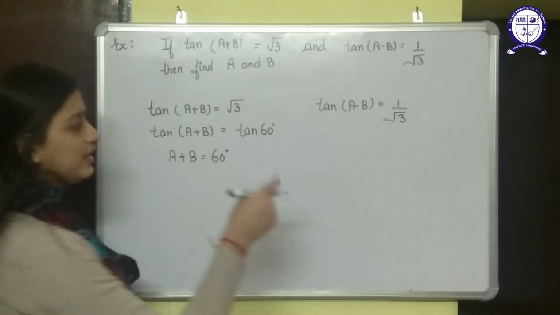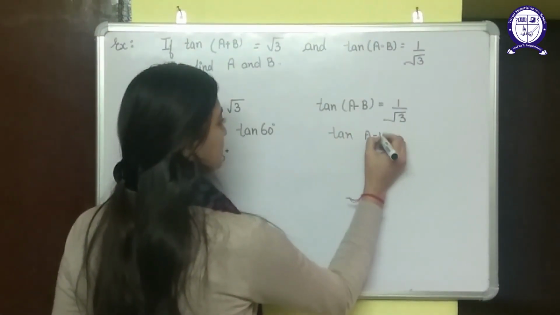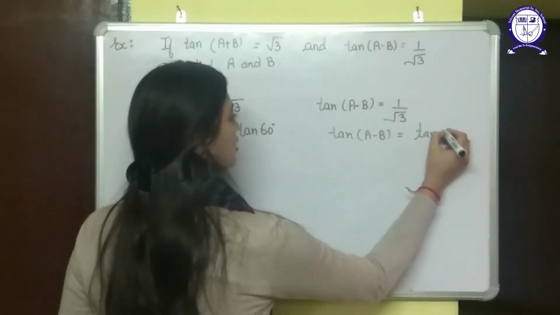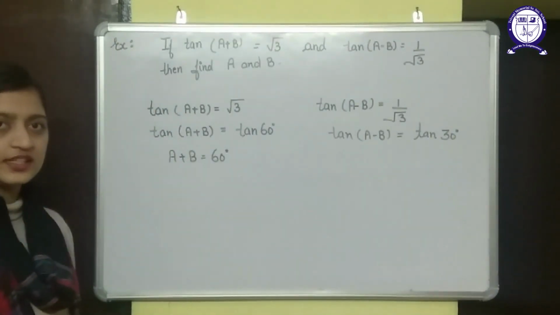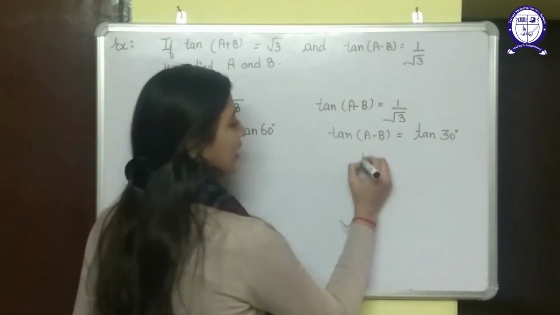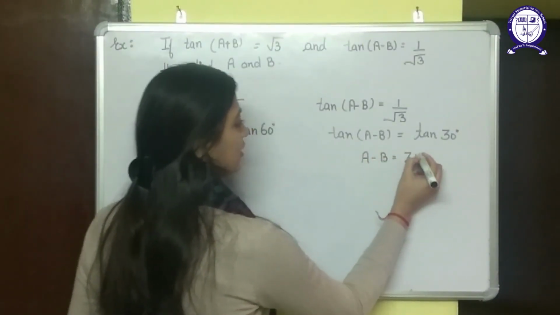Now similarly here, I can write tan A minus B is equals to tan 30 degrees because the value of tan 30 is 1 upon root 3. So now again by comparing, I can say A minus B is my 30 degrees.